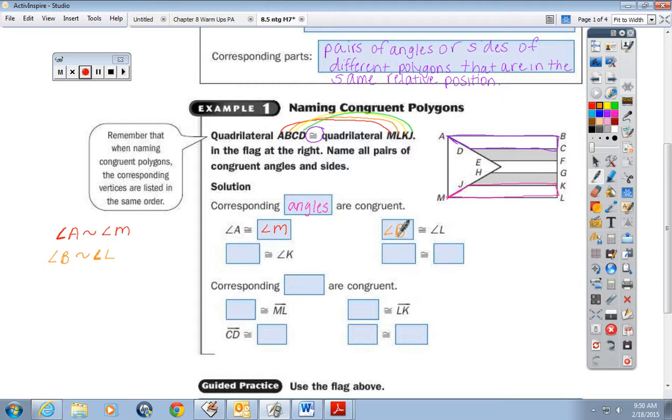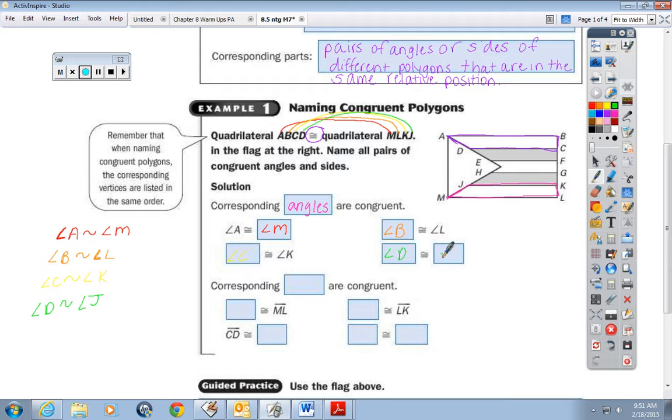Now the next letter I come to is C. I would say angle C corresponds, and then we could also add a little equal sign as congruent, to angle K, which is here. And then my last one is D. What this says is angle D corresponds to angle J, and they want us to use the little congruent sign because they're equal.